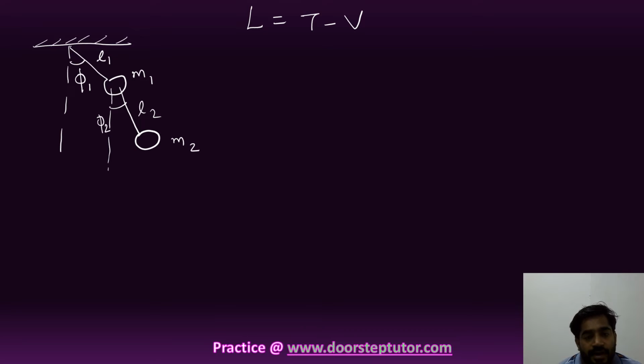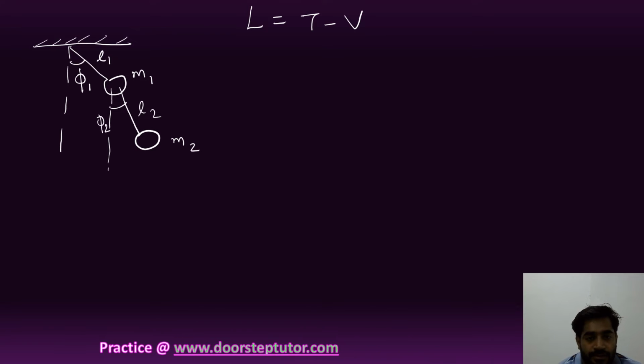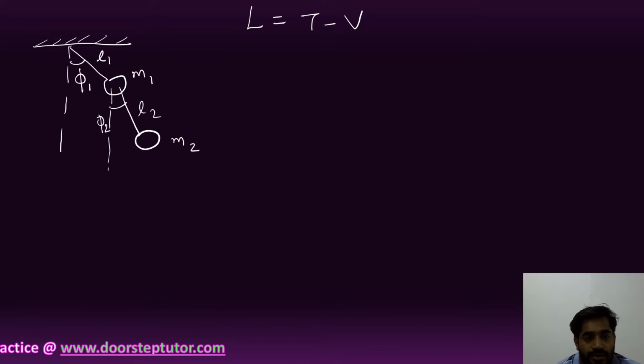In the same way, phi2 angle is there, with L2 length and mass m2. For Lagrangian, I must write the equation L equals T minus V, where T is the kinetic energy. Now I will solve this using the coordinate system, because this is a two-body system.